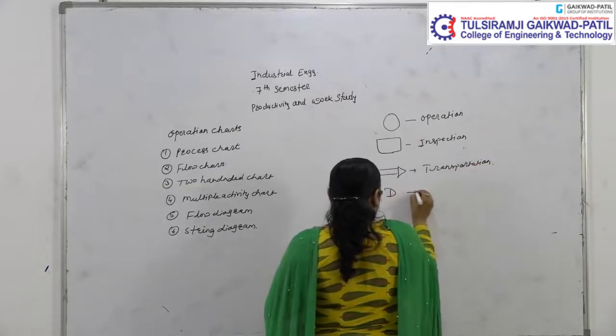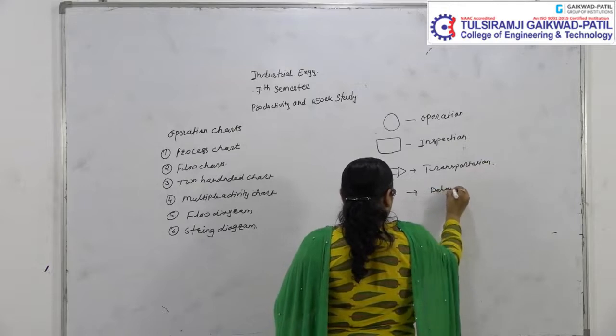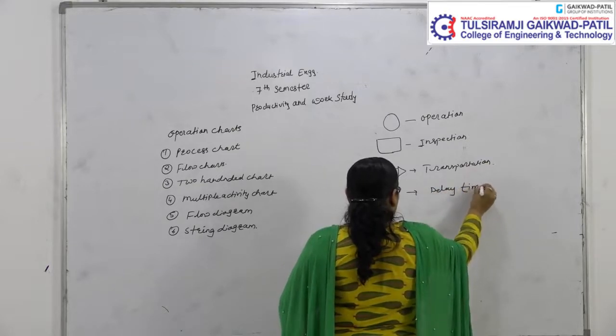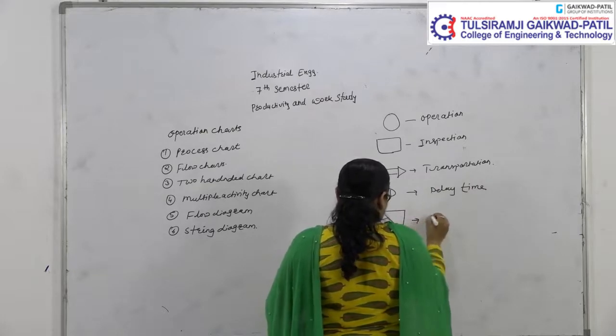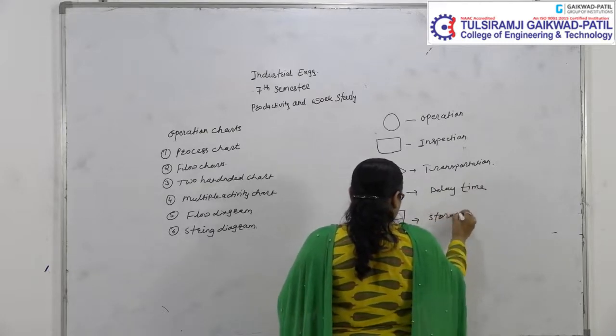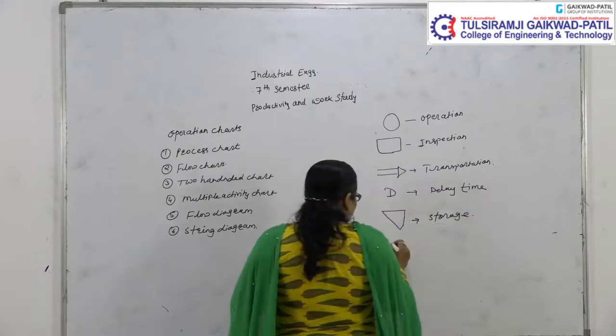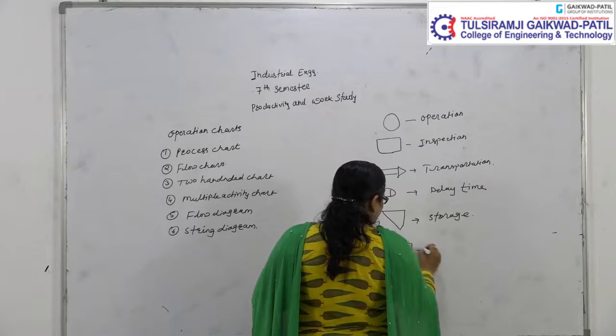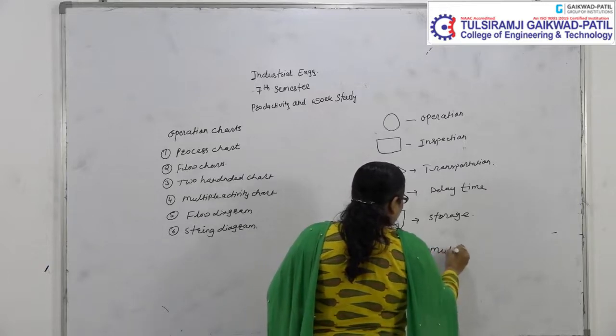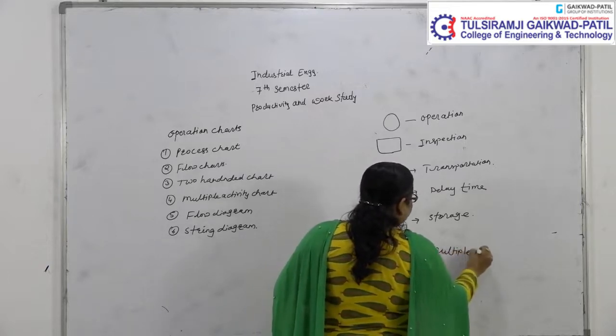D indicates delay time. Triangle indicates storage, and triangle inscribed with circle indicates multiple activity.